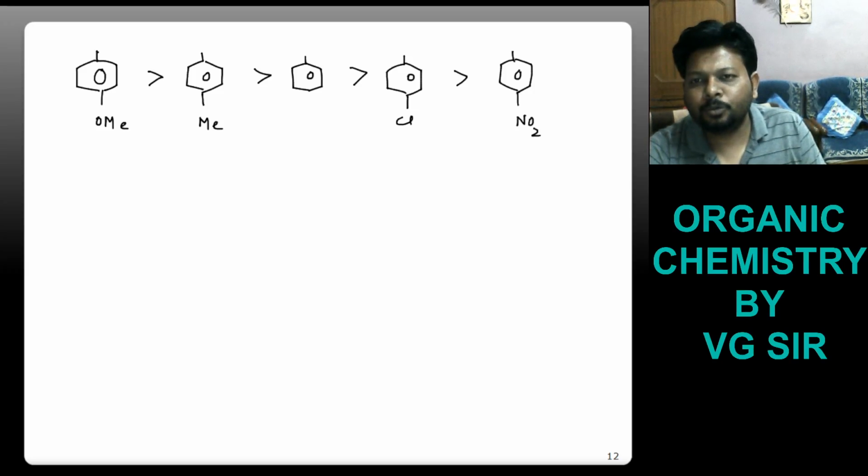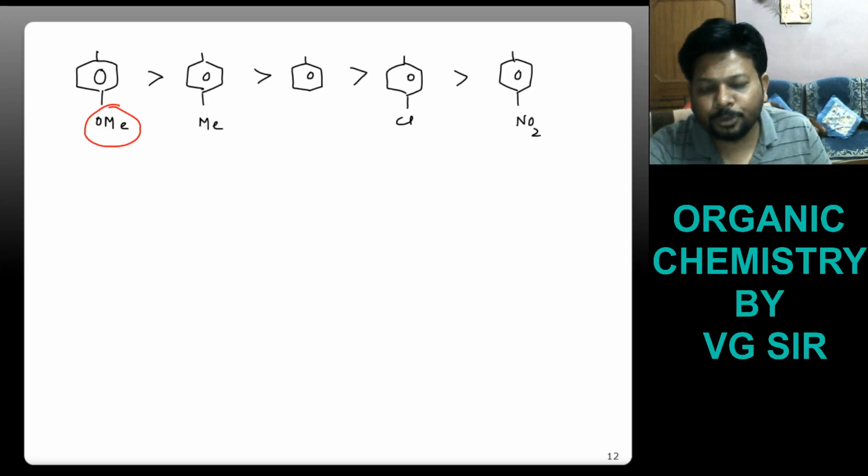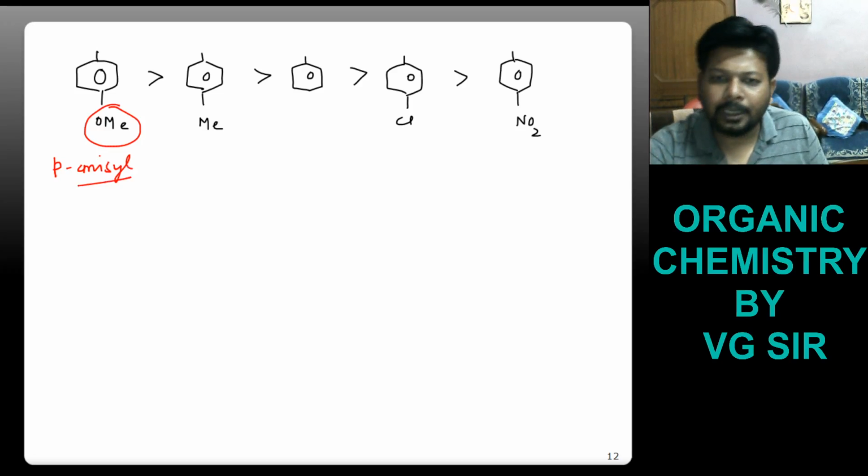Suppose these are the groups, then let's discuss them in detail. This OMe group at the para position, that is the para anisyl group, has the highest migratory aptitude among these 5 species. What is the reason? OMe is a plus M group, that is, it shows positive resonance.